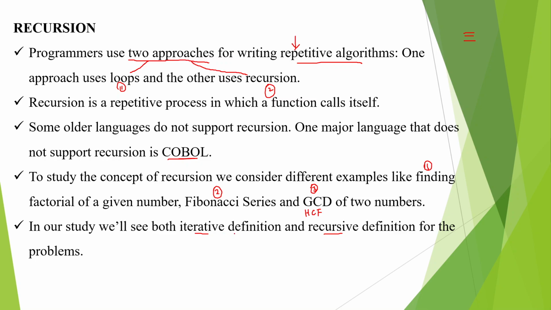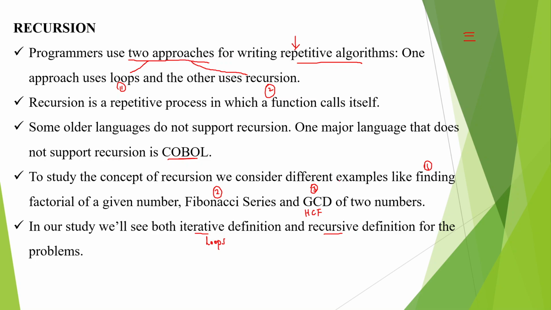Iterative definition is nothing but using loops. Through loops we achieve repetition, and that process we call the iterative definition. If you are using function calls to achieve repetition, if you are using recursion, we call it the recursive definition.